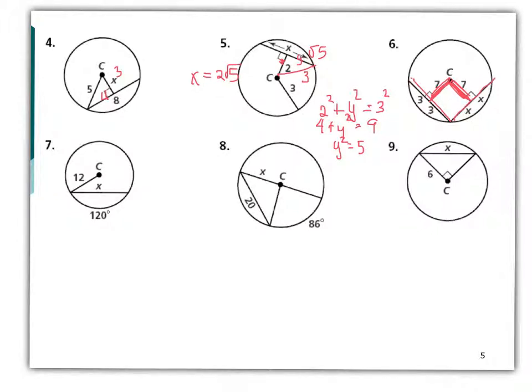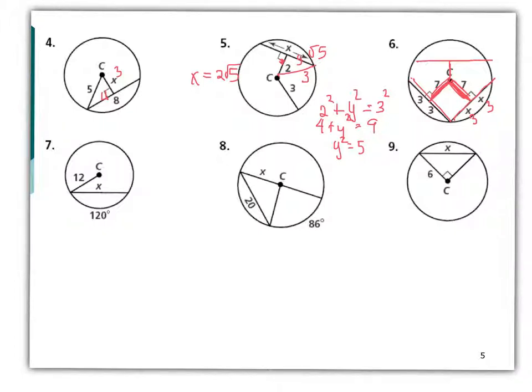Well, if they're the same distance from the center, then they are going to be congruent. So each of these x's will be 3. Think about it. If I had a longer chord, I would be closer to the center of my circle. So if the chords are equidistant from the center, then they must be congruent.